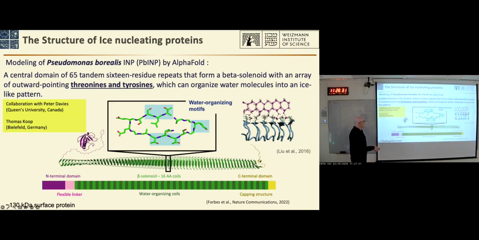And this is the protein. So we have here a residue, and then we have another small residue. But in between, we have a lot of points that have a specific structure that we call the water organizing motif, because it has polar groups that allow water to organize along the protein in a structure that is very similar to the structure of ice.